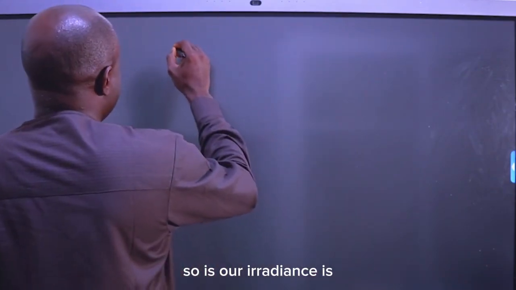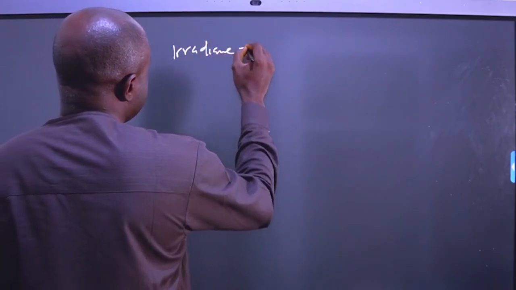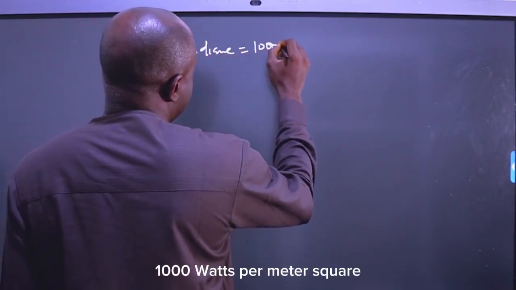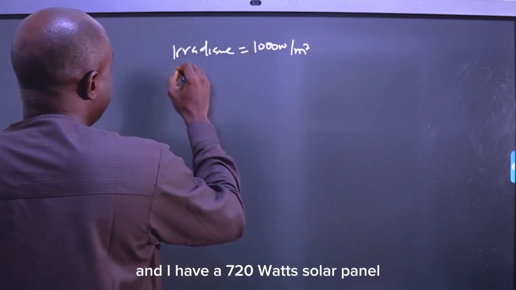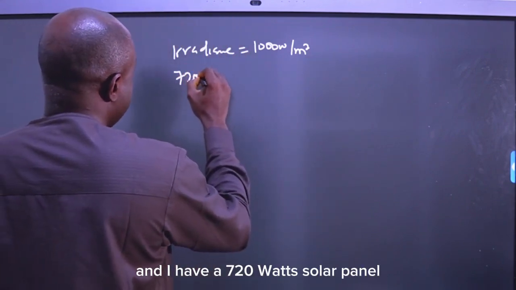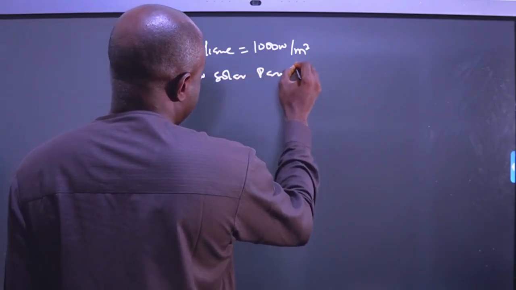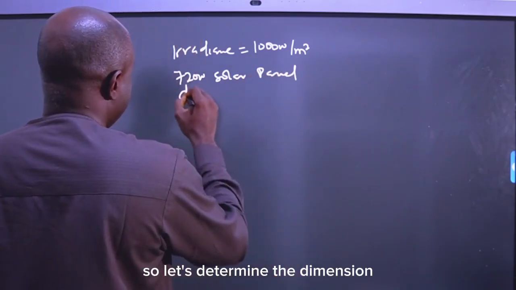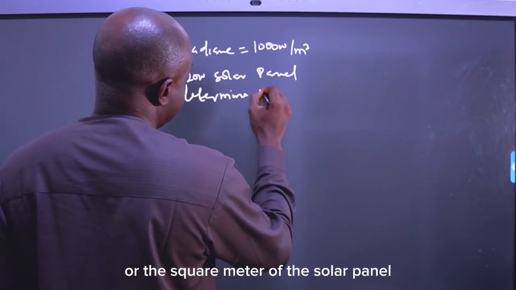So our irradiance is 1000 watts per meter square, and I have a 720 watt solar panel. So let's determine the dimension or the square meter of the solar panel.